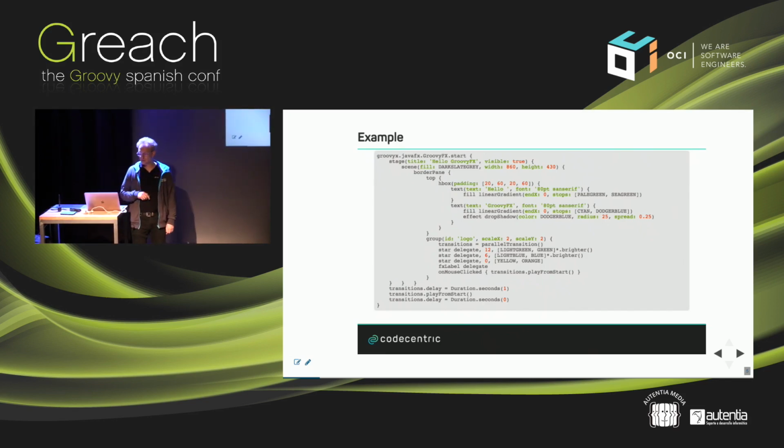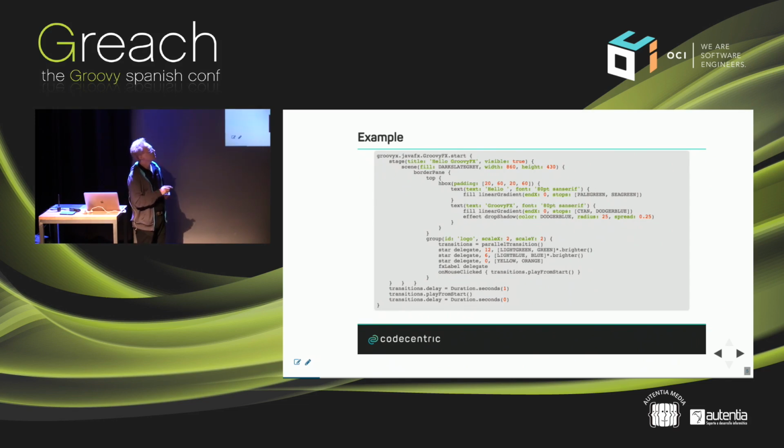You have the possibility to have multiple stages in parallel, and you can switch stages, as well as the scenes. That is like a page in a browser, I would say, but you as well could have multiples preloaded and initialized and just switch, but a scene is also kind of a window. So if you have multiple windows on your screen, you have multiple scenes. So this is the default structure, and in there you have a hierarchical definition.